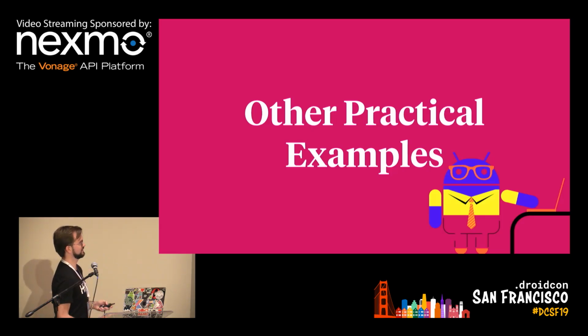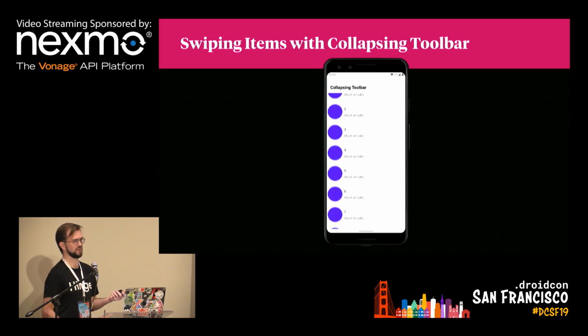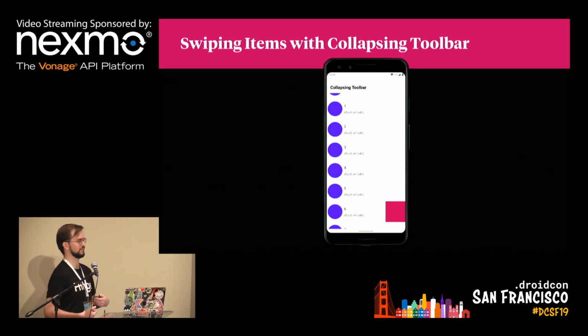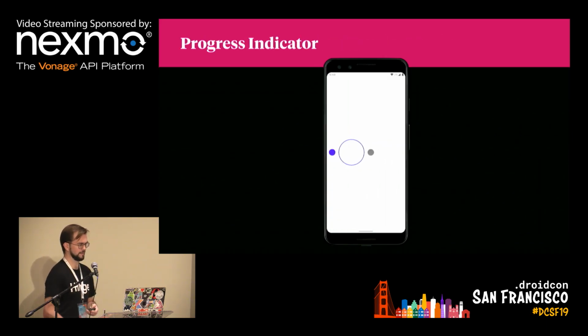Other practical examples. Swiping items with a collapsing toolbar, and also having them automatically close on their own is super simple and straightforward. Just have to have either an RxJava or coroutine thing monitoring those events and saying animate close.